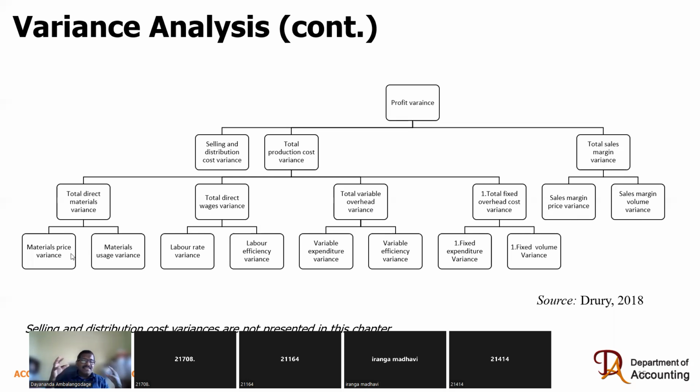Basically, the material variance is divided into two parts: the price variance and the usage variance. The purchasing department is responsible for price variance, not the factory manager, because the factory manager is there to produce the item and expects his material to be in the factory when he needs it.